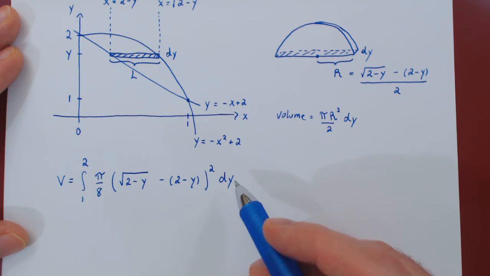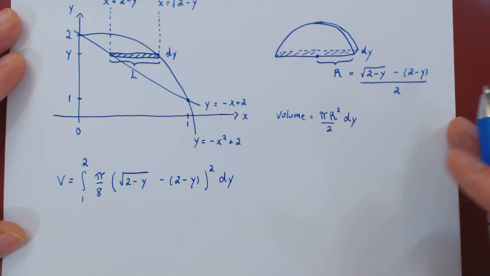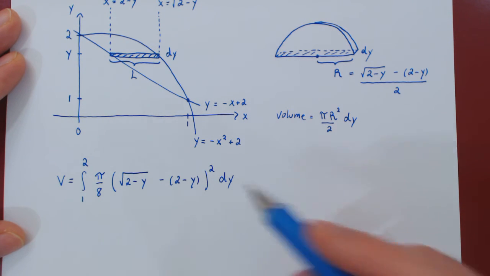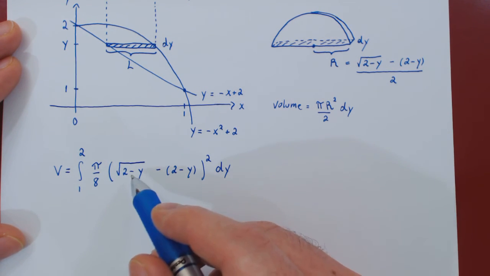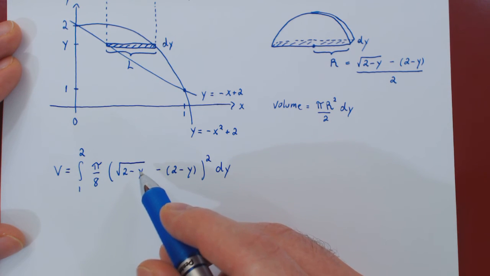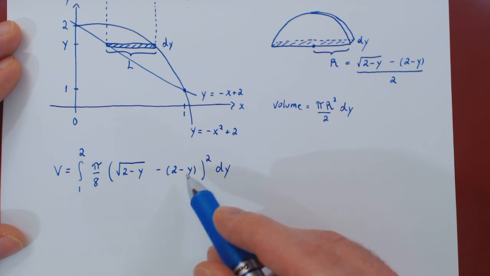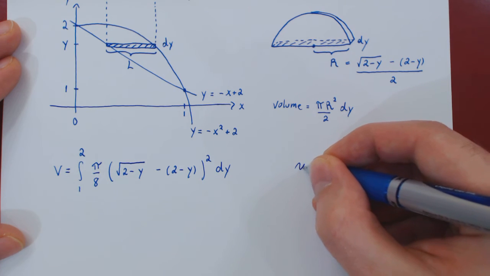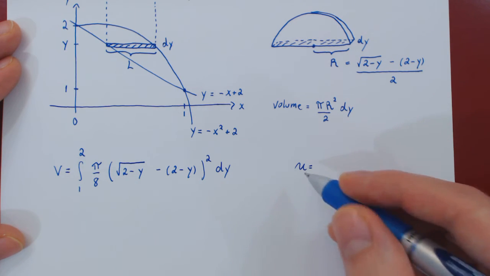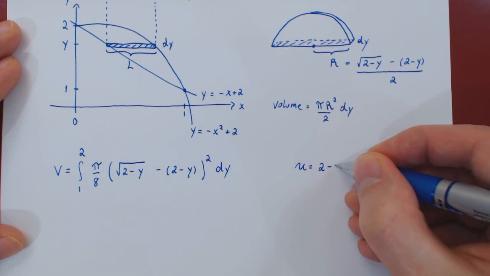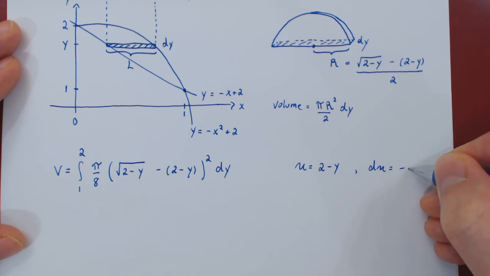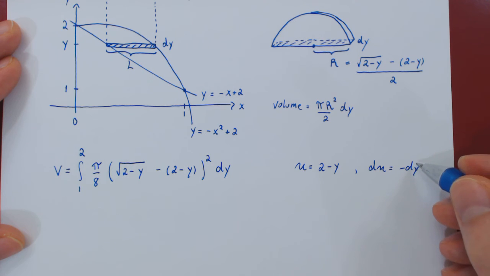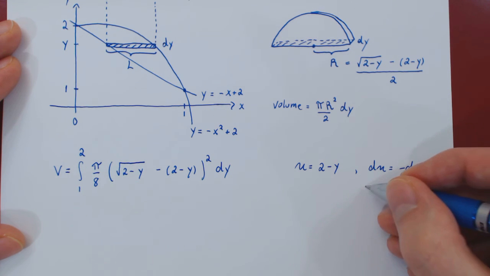And now we have our definite integral. The simplest way of evaluating this now is to make a u substitution. If you notice, everything in terms of y is a function of 2 minus y. So the choice of u substitution is to let u be 2 minus y. If you make this choice, then du is negative dy. So solving for dy gives you negative du.